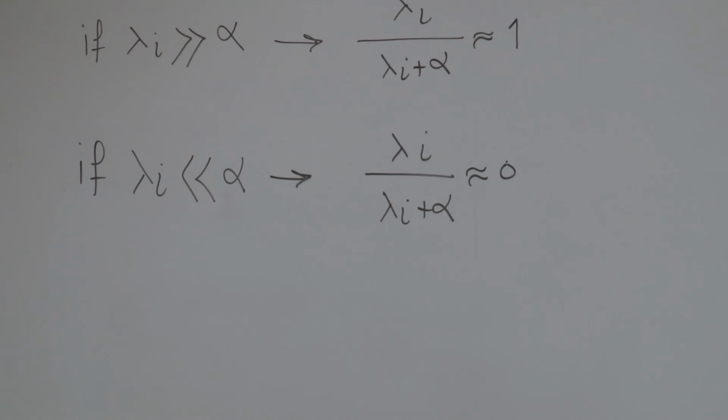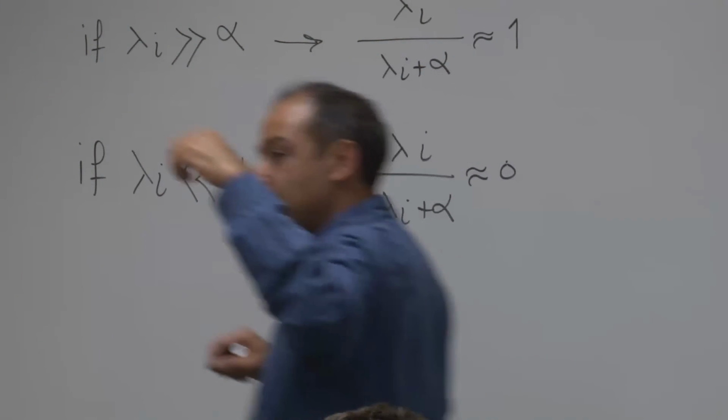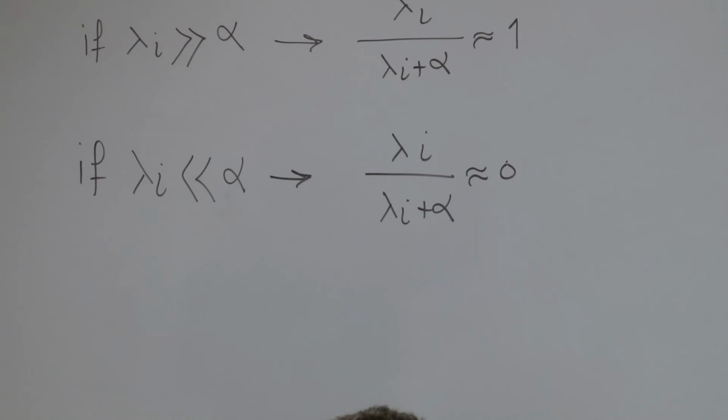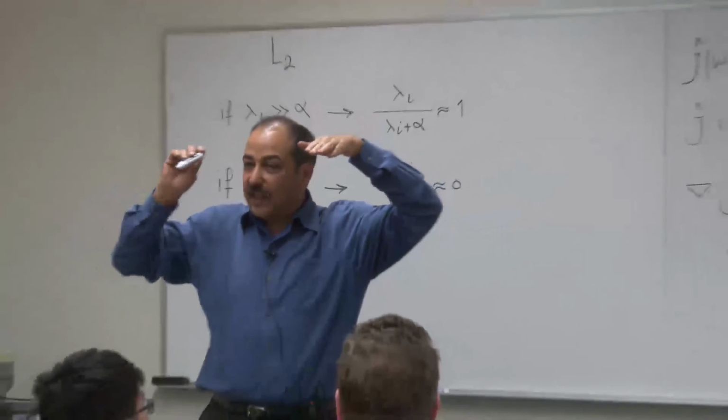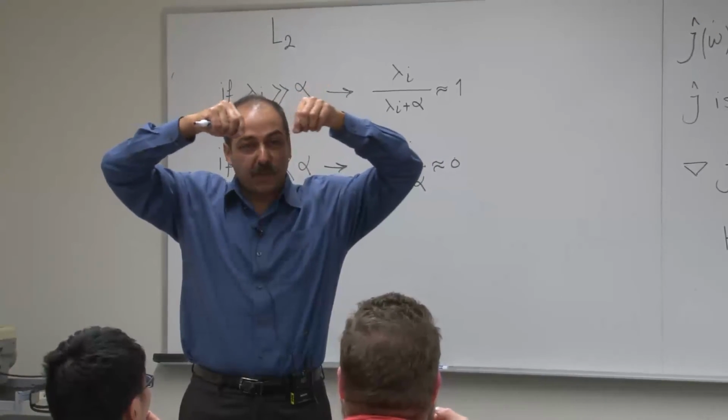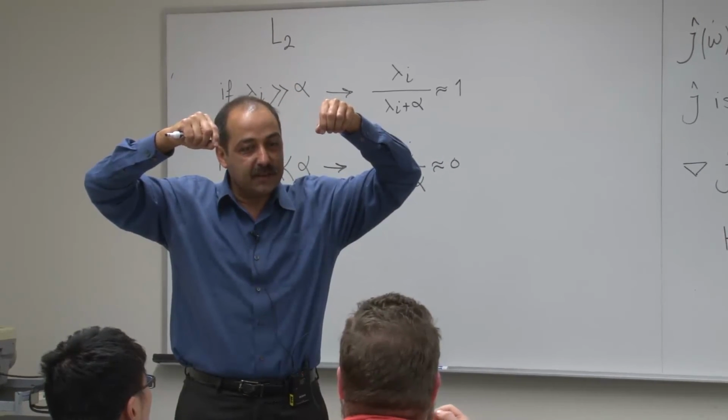What these lambdas are, these are eigenvalues of the Hessian matrix. So what do these lambdas tell me? If lambda is large, it means I'm considering a direction in which changing in that direction is going to change my objective function significantly.